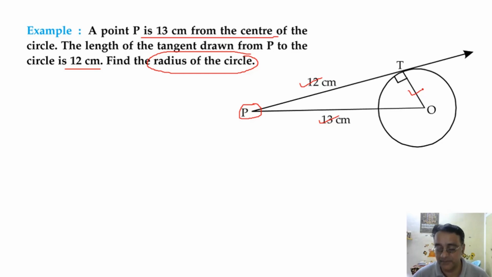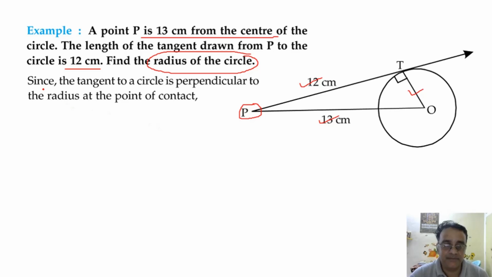Pythagoras theorem. But we can't use Pythagoras theorem directly until we show that it is a right triangle. So we'll start with the same step: since the tangent to a circle is perpendicular to the radius at the point of contact, therefore OT is perpendicular to PT.